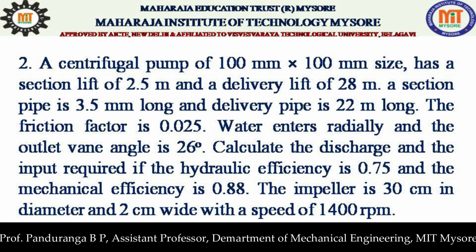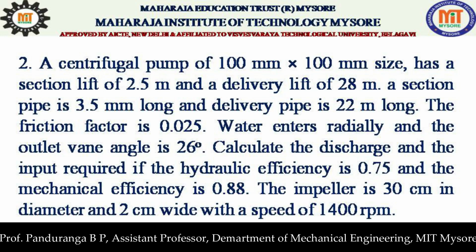A centrifugal pump of 100 mm by 100 mm size has a suction lift of 2.5 meters and a delivery lift of 28 meters. The suction pipe is 3.5 meter long and the delivery pipe is 22 meter long. The friction factor is 0.025.